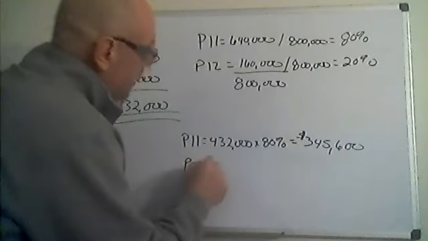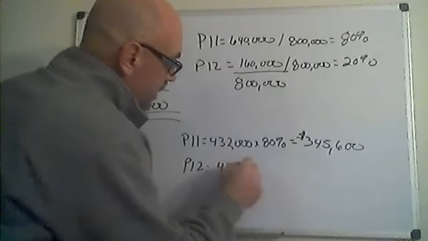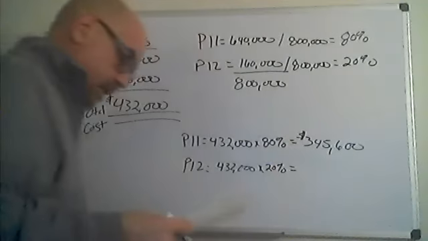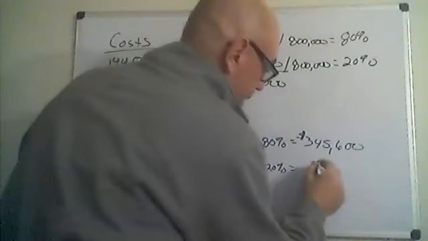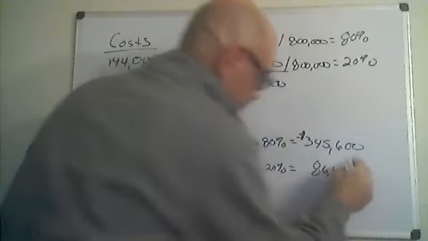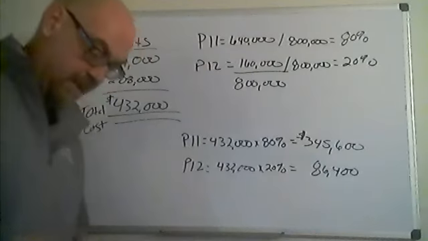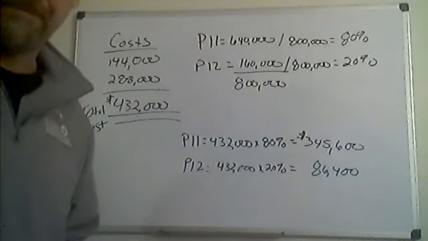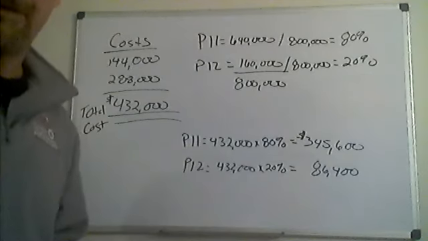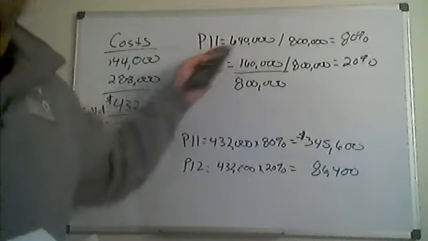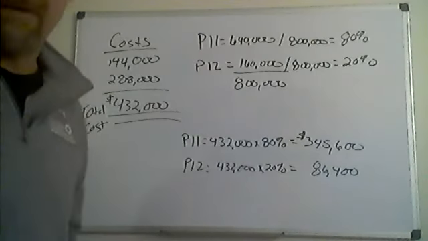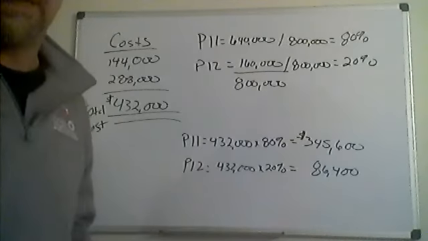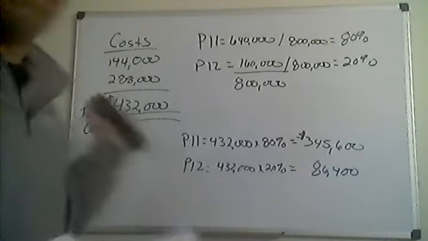P12, same process, 432,000 times 20%, we get an answer of 86,400, and our total costs are assigned. Like I said, it's pretty straightforward. You find your value at the split off point, whatever you can sell it for at that point in time, and then you just find the ratio of how much goes to each product and apply it to the total cost.